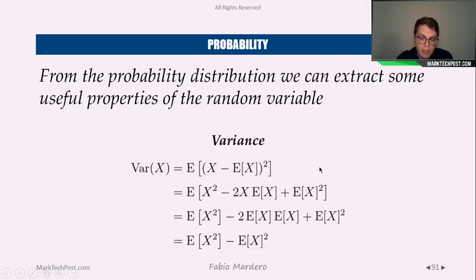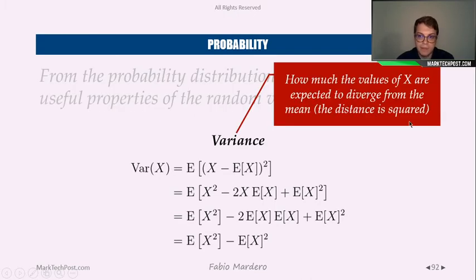This means that we take, let's look at the inside, we take the value of the random variable, and we compute the difference between the value and the expected value. Then we square the result, and then we compute the expected value, since x could be anything.